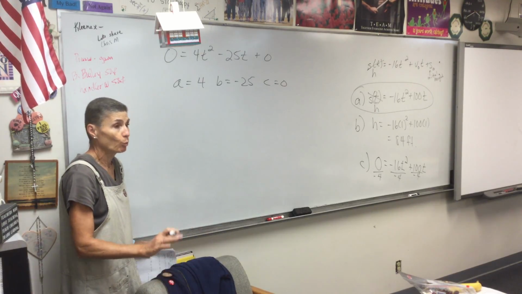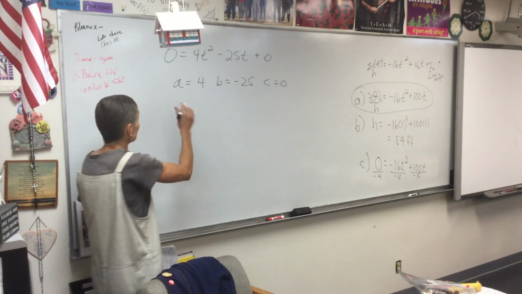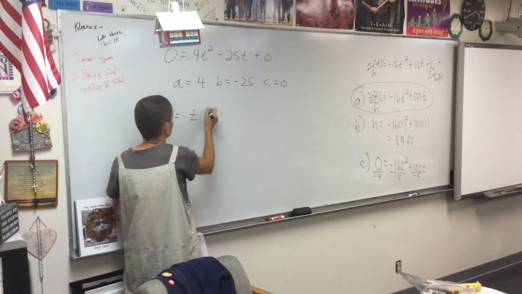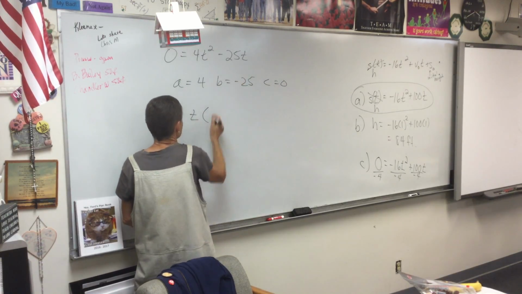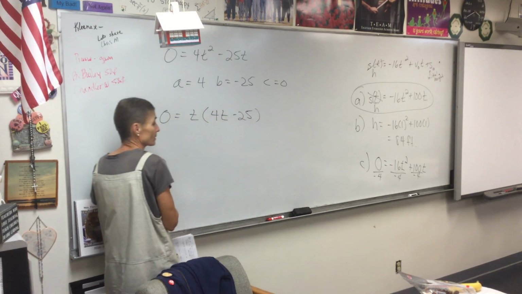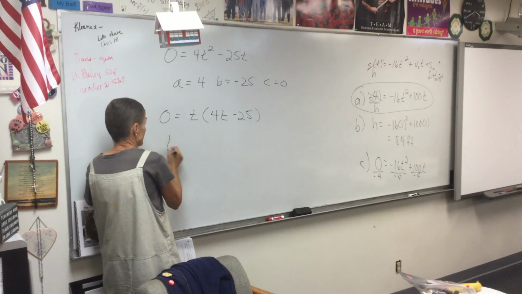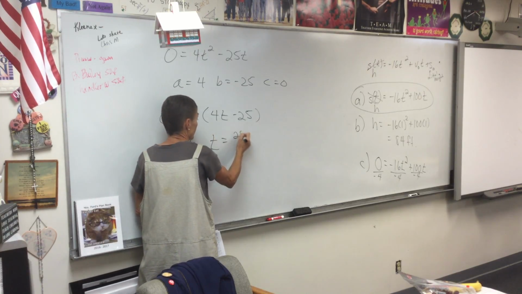The quadratic formula will work on every quadratic problem. But this one also factors. Because there's no number on the end, I can take a t out. And so t is 0, or t is 25/4.